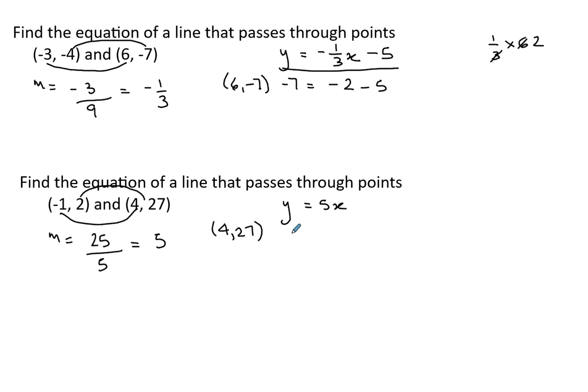Nice positive numbers. So you've got 27 equals 5 times 4, and 5 times 4 is 20. So what do you do to 20 to get 27? We'll add 7. So then your equation is y equals 5x plus 7.